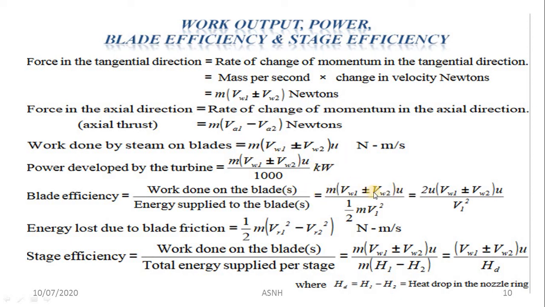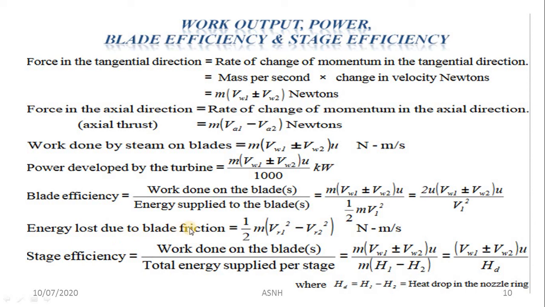Then I put the value of the energy supplied, that is kinetic energy, which happens in the steam nozzle, half m V1 square. By some mathematical arrangement, shifting the 2 to the numerator, you will get 2u (Vw1 plus or minus Vw2) upon V1 square, where V1 is the absolute velocity at inlet.